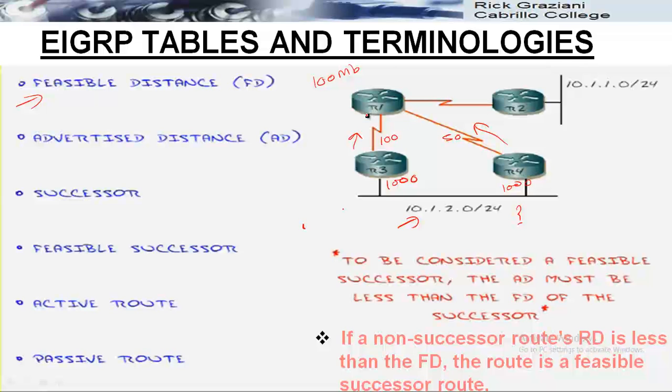Of course we can see the best path is this, because EIGRP has a formula to calculate the metric where it factors in bandwidth and delay of a link.